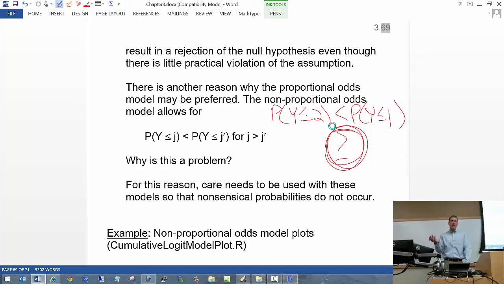So how do you think this could happen? The model estimates a probability to be less than 0. Of course, probabilities can't be less than 0. Okay, so let's take a closer look at this.